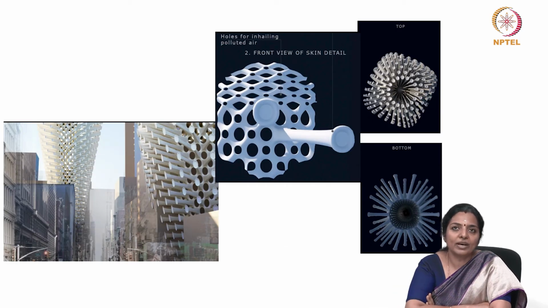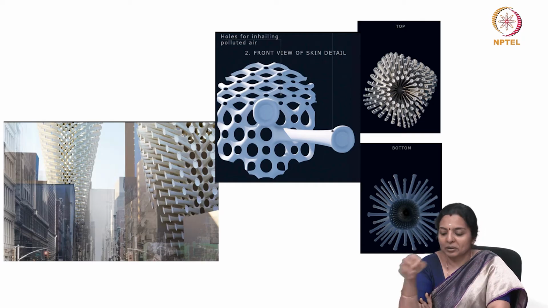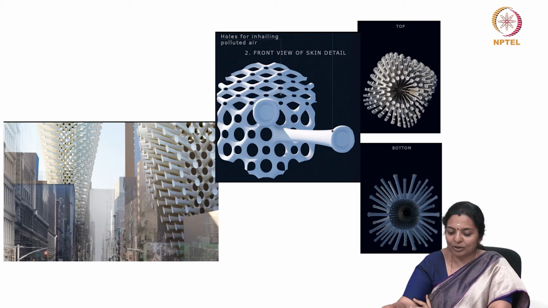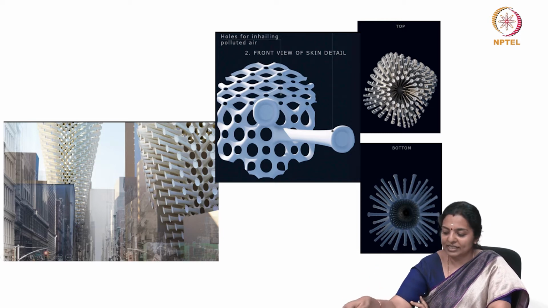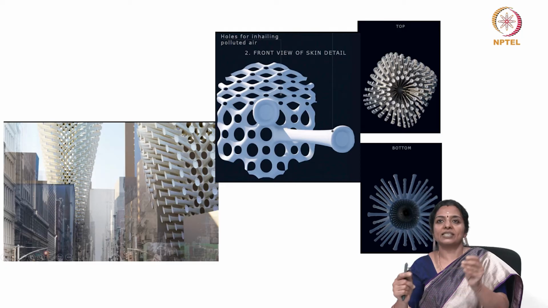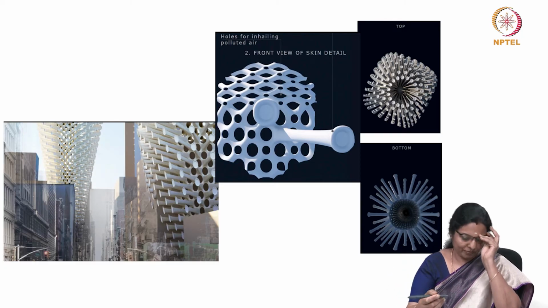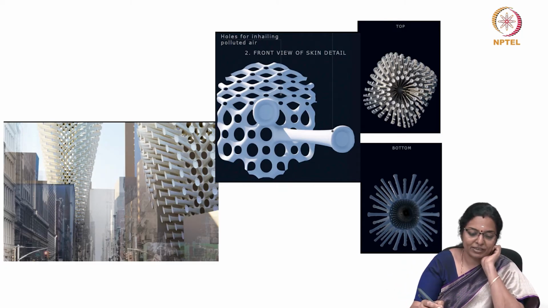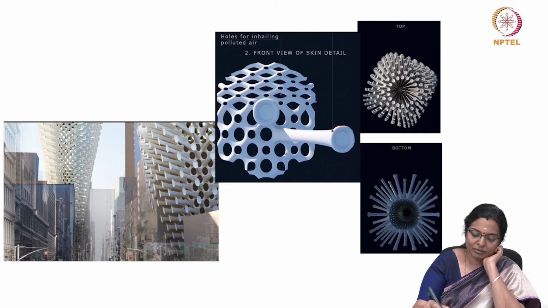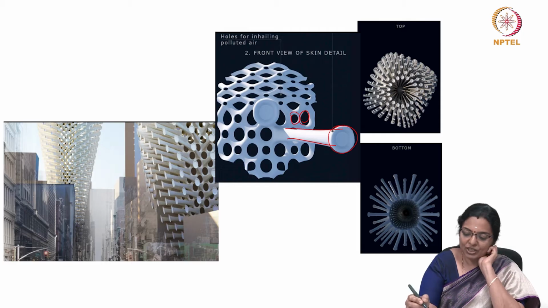So this is how it looks. The inhaled harmful substances are divided into their various components and then segregated. So it is conceived, because it's an unbuilt project, to have tubes like these and holes here which inhale.